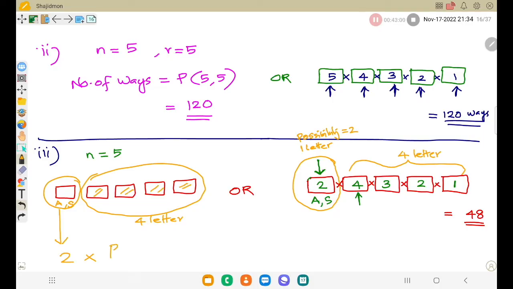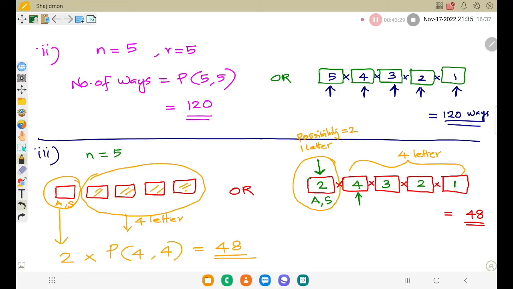So permutation of the remaining 4 letters, 4 taken at a time. 2 multiply permutation of 4 letters, 4 taken at a time. You understood? Because we have 4 boxes pending. How many letters remaining? 4 letters. Totally 5 letters, but 1 letter in the first box we are writing. So totally 4 letters are available. So 2 multiply P(4,4). You will get the same answer from the calculator, that means 48 ways.